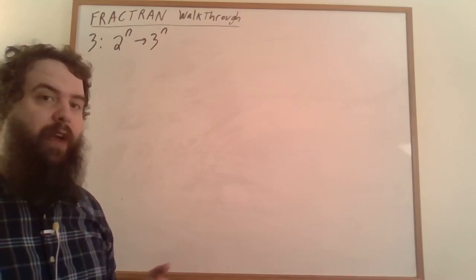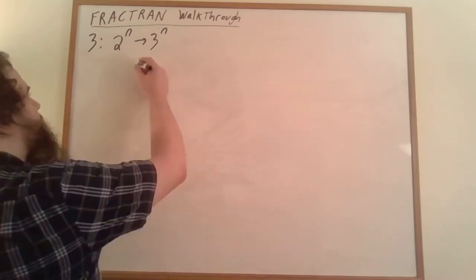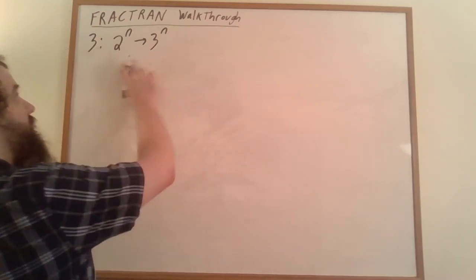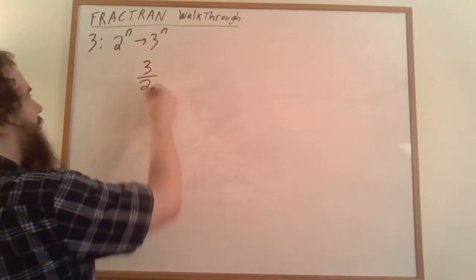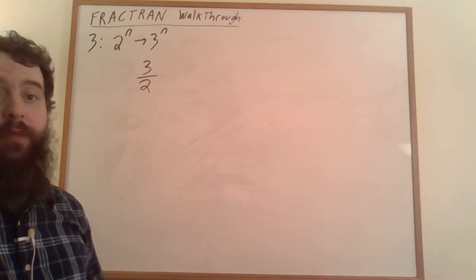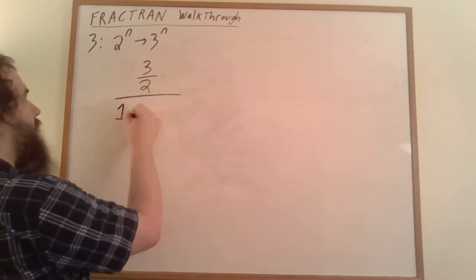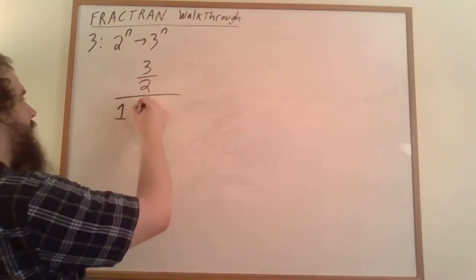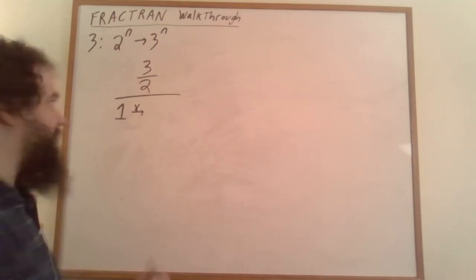Another oddity about FRACTRAN is that we get loops for free, whether we want them or not. It turns out that the solution to this programming problem is the program 3 halves, the same as the solution to problem 0. In particular, if we input 2 to the 0th as a 1, we can't multiply it by 3 halves, so we output a 1, 3 to the 0, so that's perfectly fine.